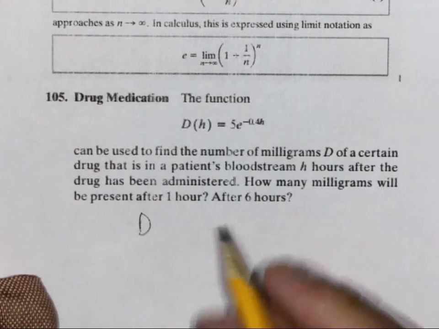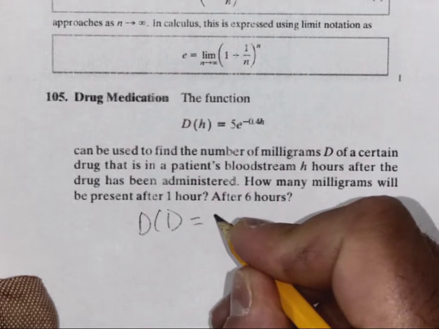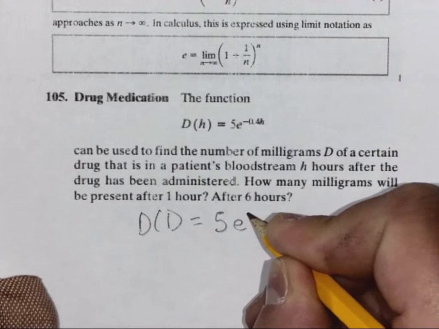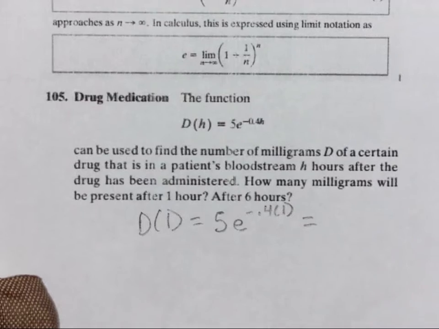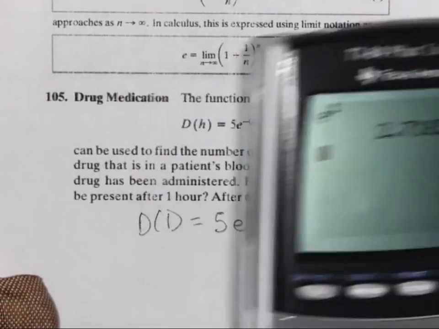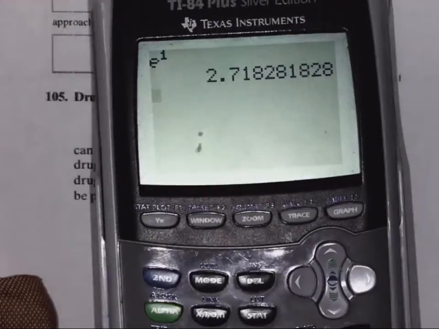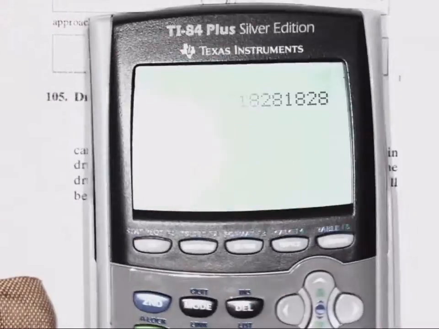So then if we want to find out how much of the drug is in the system after 1 hour, we're going to plug in 1 for H. And then really what you guys need to be able to do is find E on your calculator, plug that expression in, find the value.